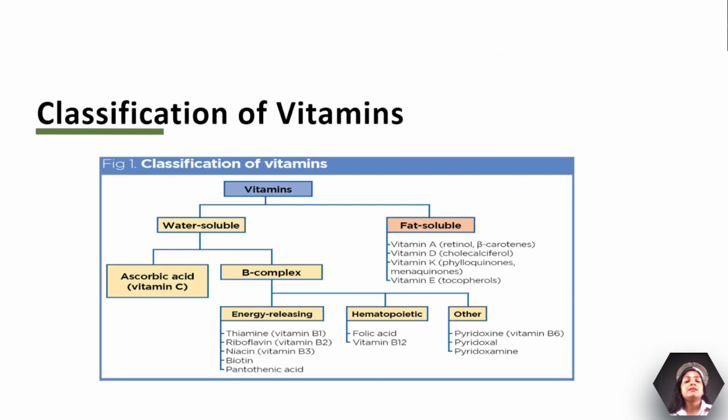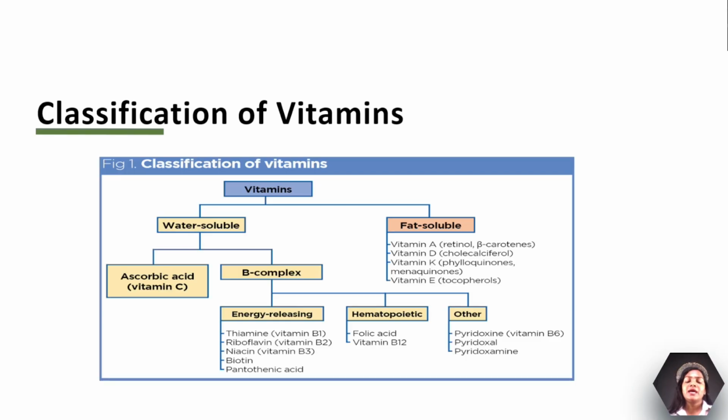Now, understanding the classification at a further level. As you can see in this picture, vitamins are divided into two parts: water soluble and fat soluble. In the water soluble group, the first is vitamin C, also known as ascorbic acid, and the second is B complex. B complex is further divided into three parts.